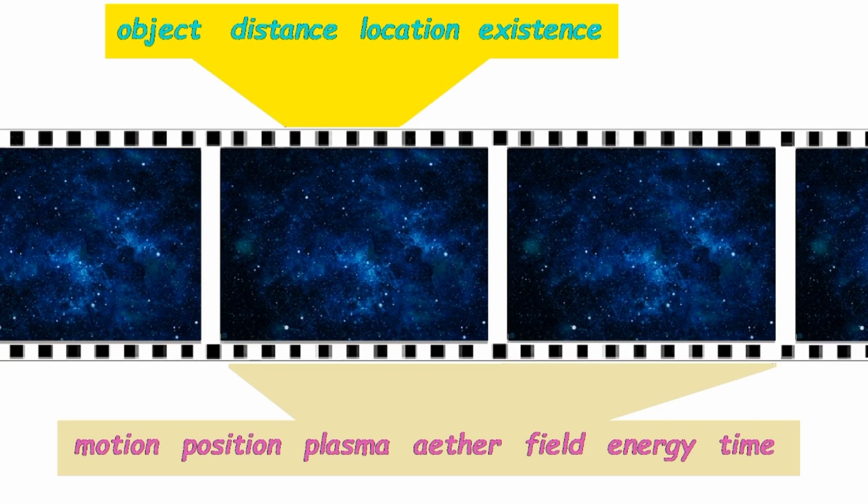Whereas the ones in yellow at the top fit in a single frame because they're static concepts, and you do not need two frames of the movie to understand them. The ones at the bottom are all defined as dynamic concepts.